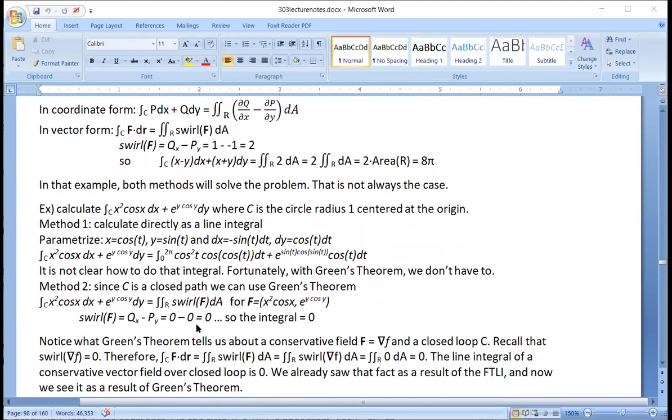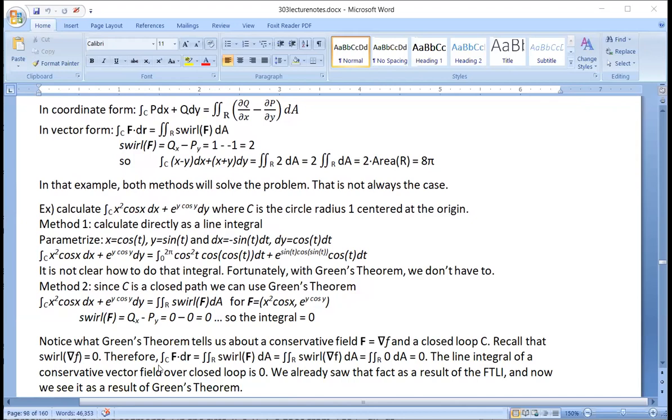So, looking at Green's theorem from that point of view, the line integral over the curve C of F dot dr is just the double integral over the region of swirl F dA. That's just the swirl of the gradient of a function f, which we know by one of our identities that we showed is always 0.